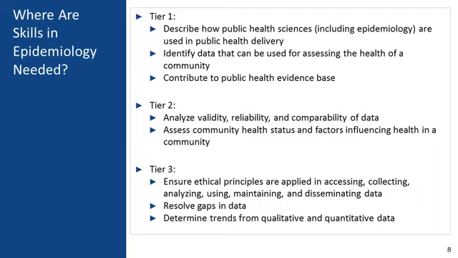For Tier 2 staff, the goal is to understand how to analyze validity, reliability, and comparability of data, and to assess community health status as well as factors that influence health in a community.